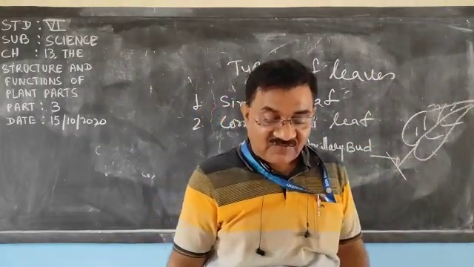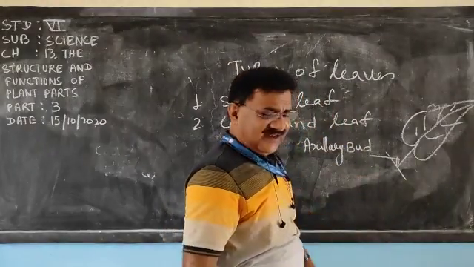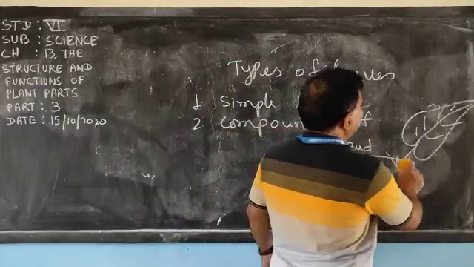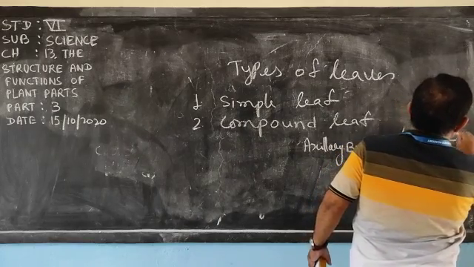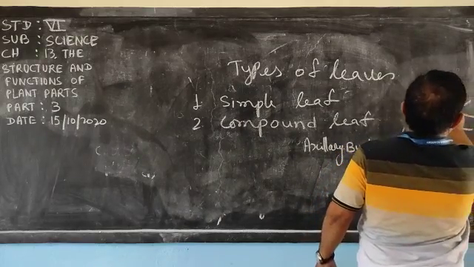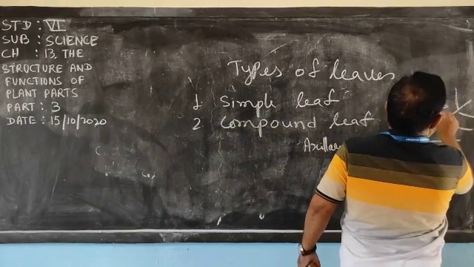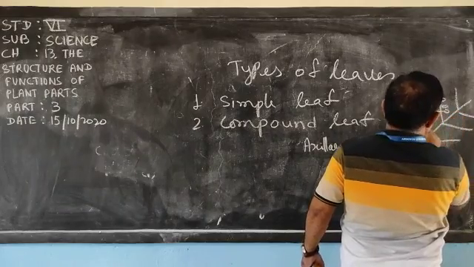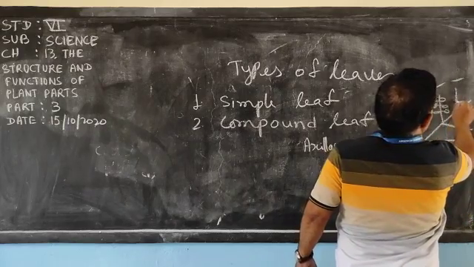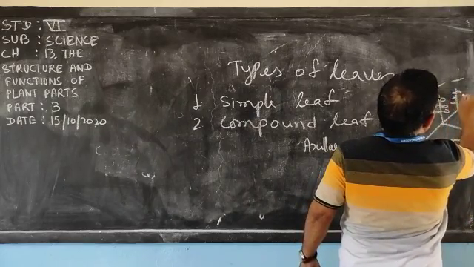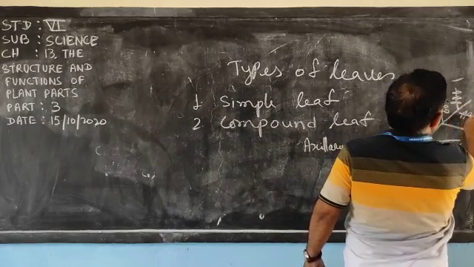A compound leaf is one in which the lamina is divided into segments called leaflets. Now think of this lamina as divided. Here this is not a leaf, this is a leaflet. Actually it was this type of leaf, and now the lamina is divided and leaflets are formed, as in Gulmohar.